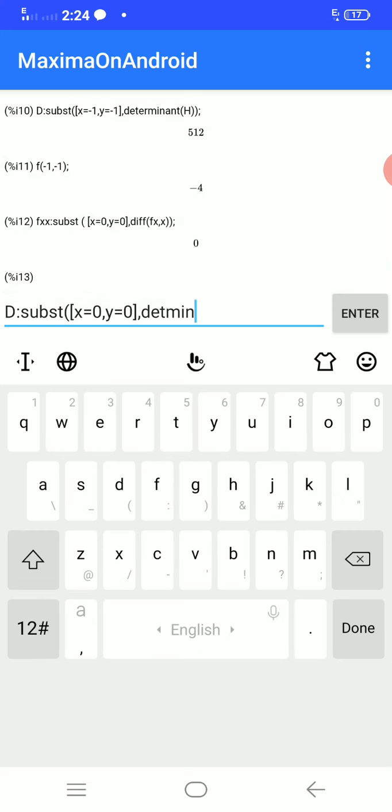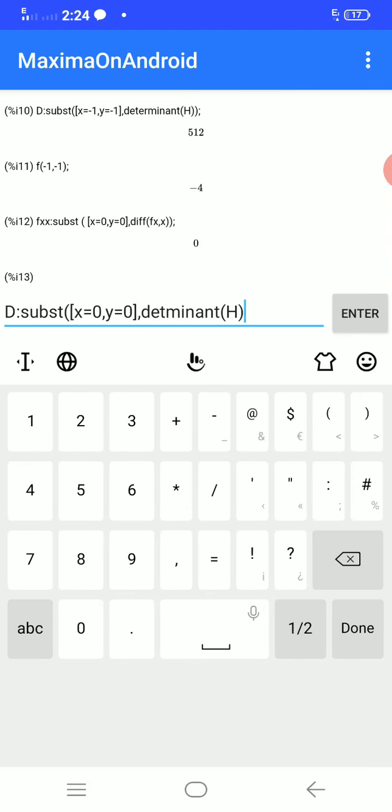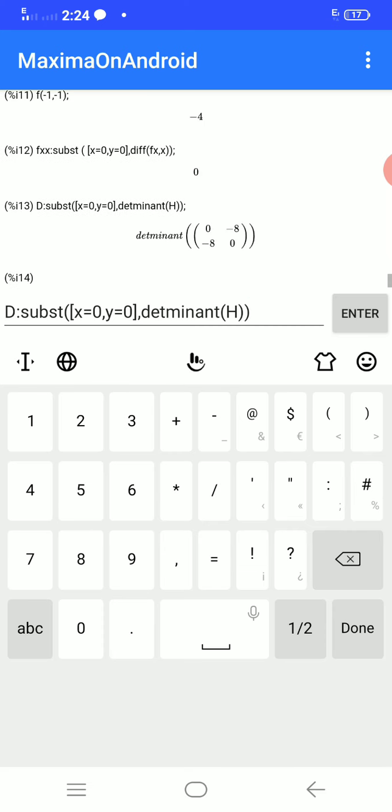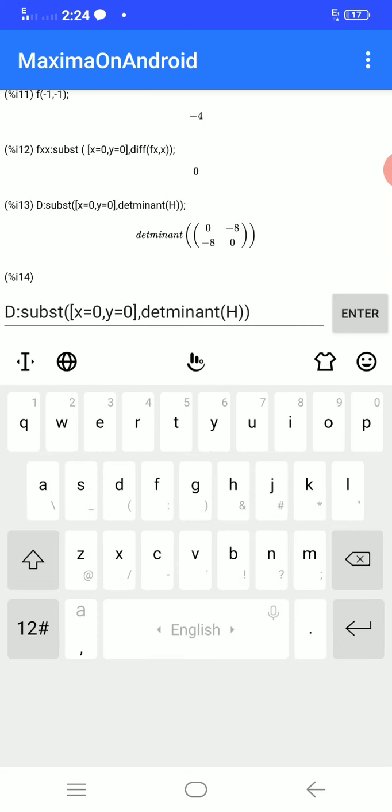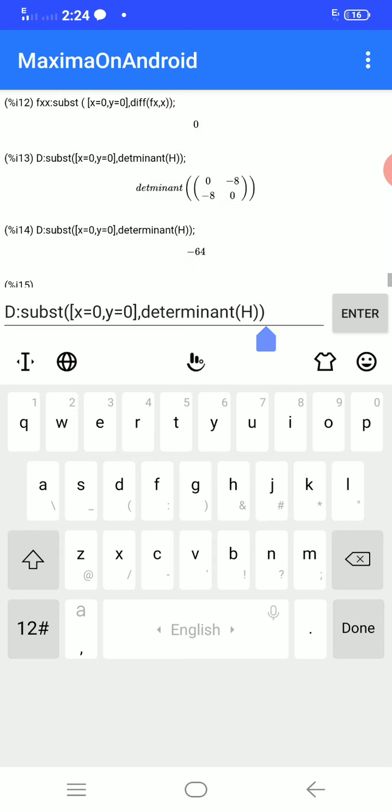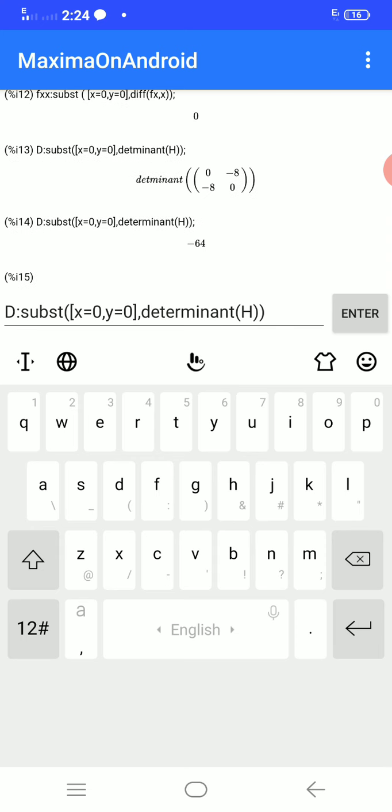So using the syntax determinant of H, bracket complete, then enter. So we get the value of D is minus 64. So we observe that D is less than 0, so the given function has a saddle point at x is equal to 0, y is equal to 0.